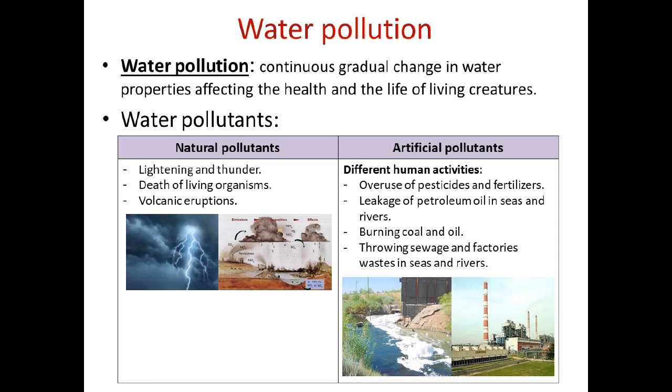Carbon dioxide is mixed with the rains, forming results harmful to the soil. Also, throwing sewage and factory wastes in seas and rivers is very harmful to aquatic creatures or living organisms which live in water.